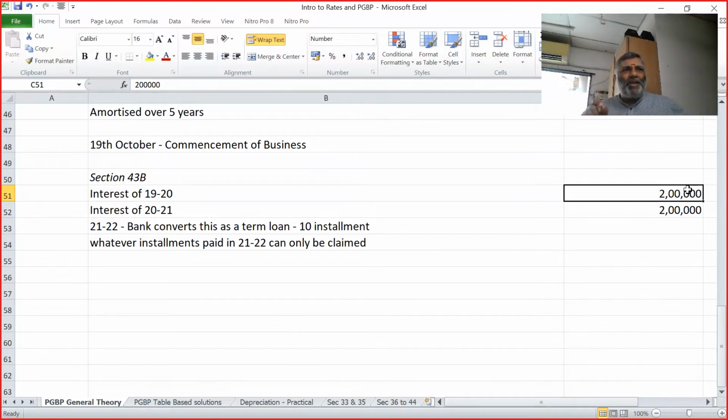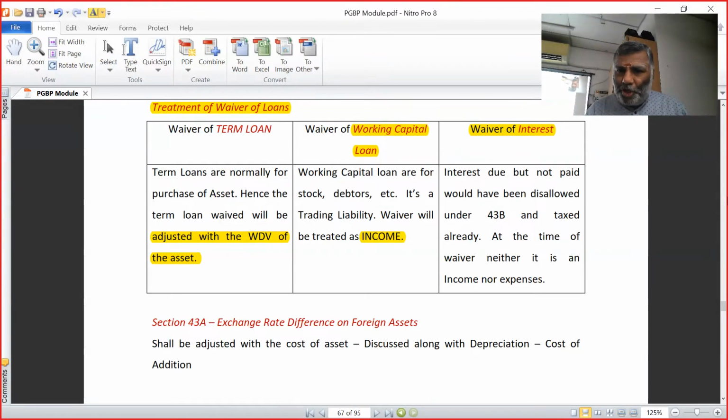In section 43B, I would have disallowed this 2 lakhs in the financial year 1920 itself. So it is not allowed earlier. When you are waiving it off, it cannot be treated as income. Interest due but not paid would have been disallowed under 43B and already taxed. At the time of waiver, there is no adjustment, neither an income nor an expenditure.